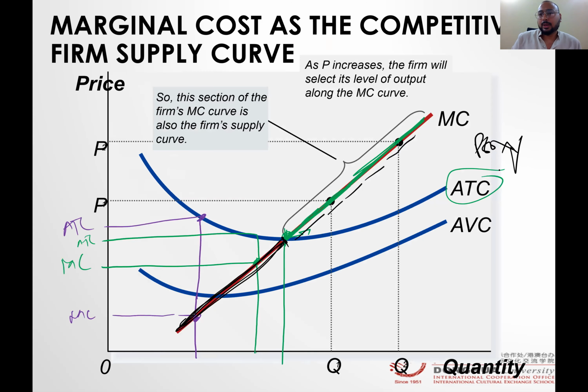right? So if we increase the price here, the market price here, our MC curve states that you need to produce more. So with price increase, quantity also increases. So we can say that the MC is equal to the supply curve of a company.